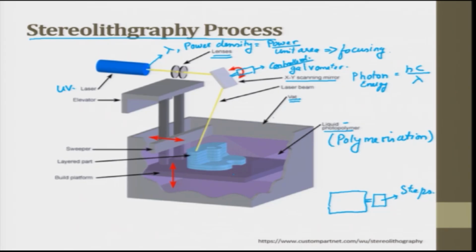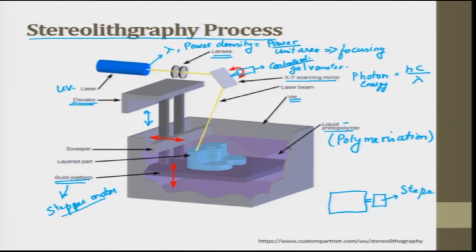Okay. This vat is placed on top of a table. This is a build platform or a table. So, this table is lowered and raised by an elevator. So, again here you will have a stepper or servo motor attached. So, this tries to dictate the resolution of the layer.